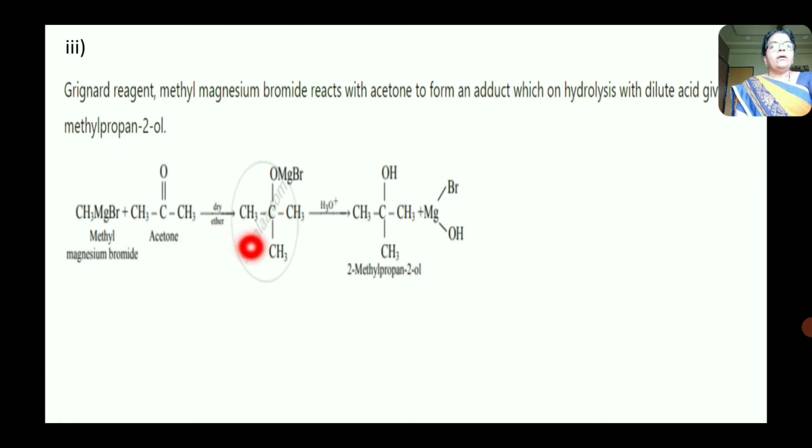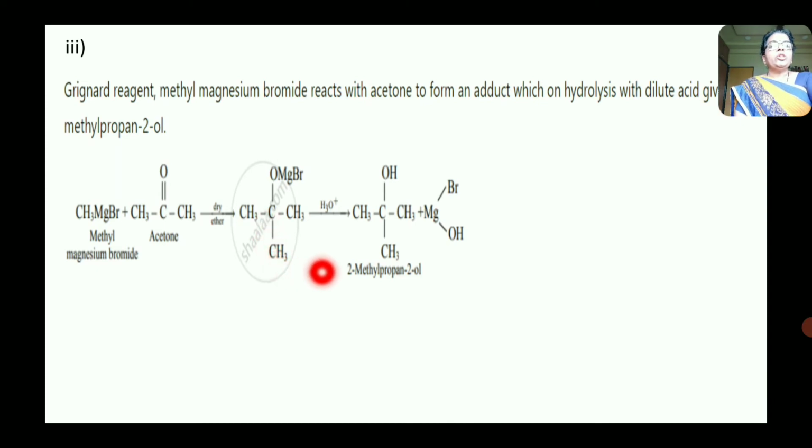Then first formation of Mg complex takes place, that is addition of CH3MgBr takes place across the double bond of the carbonyl group. This CH3 group gets attached to the carbonyl carbon and MgBr gets attached to the oxygen atom of the carbonyl group to form this magnesium complex.